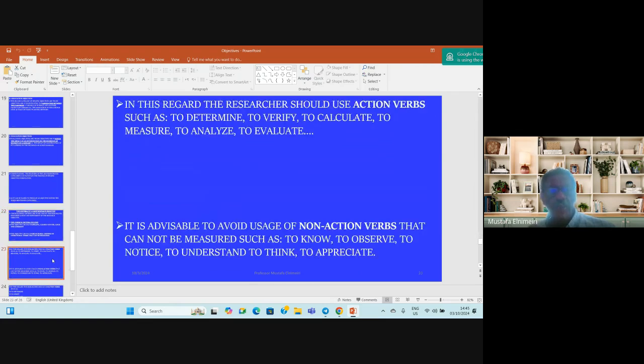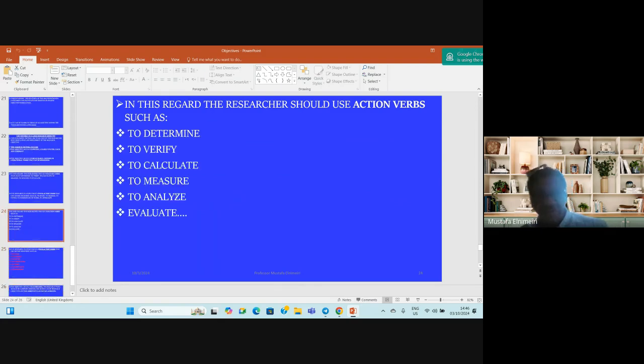In this regard, the researcher should use action verbs, such as to determine, to verify, to calculate, to measure, to analyze, to evaluate. It is advisable to avoid non-action verbs that cannot be measured, such as to know, to observe, to notice, to understand, to think, to appreciate.